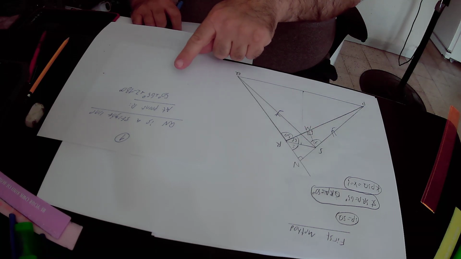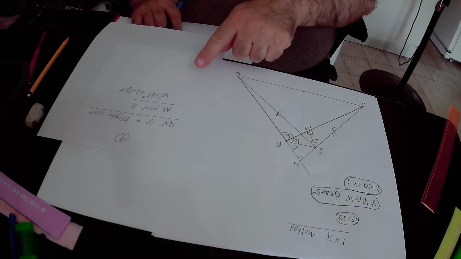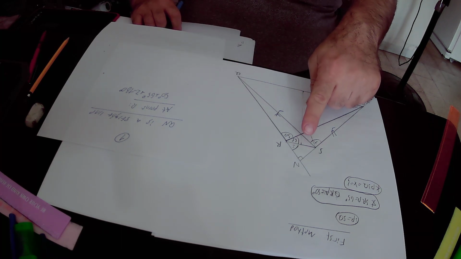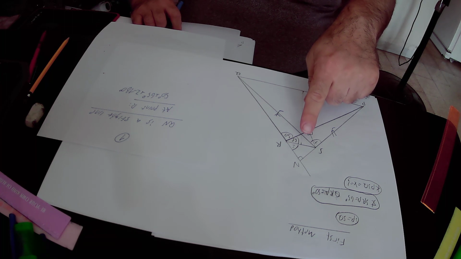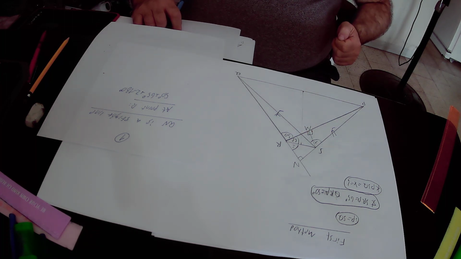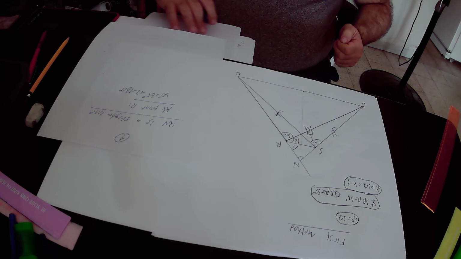That is to say, 50 degrees plus 65 degrees plus angle Z plus angle Z must equal 180 degrees.